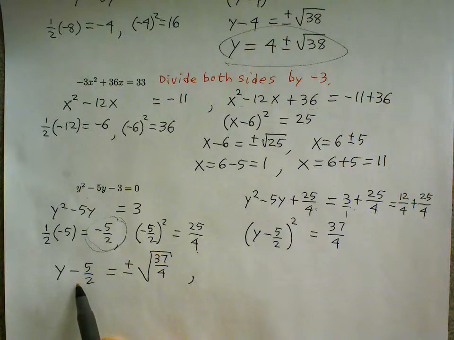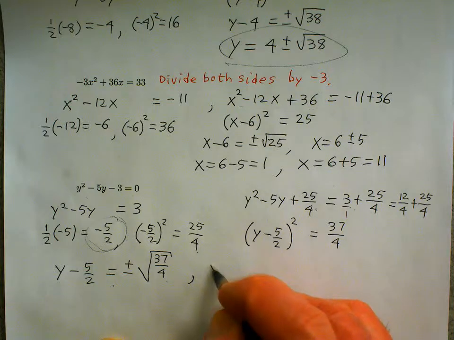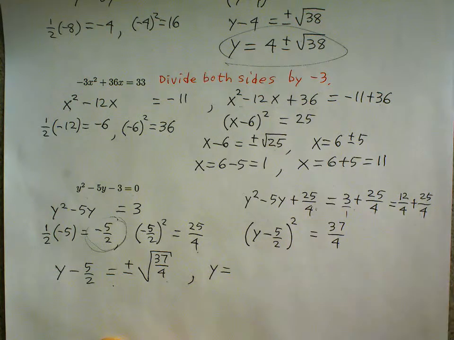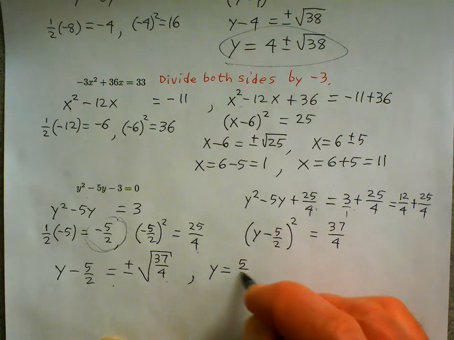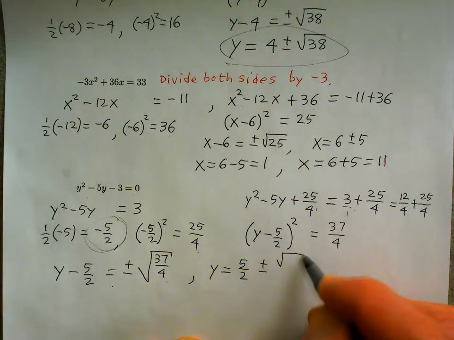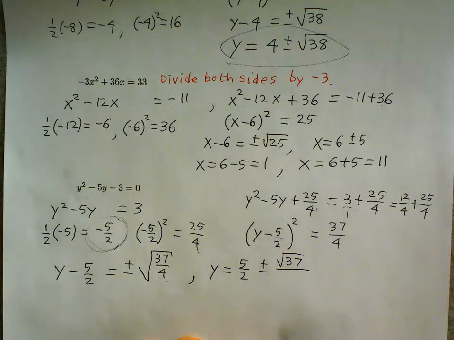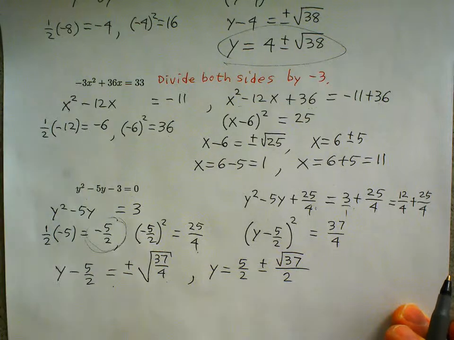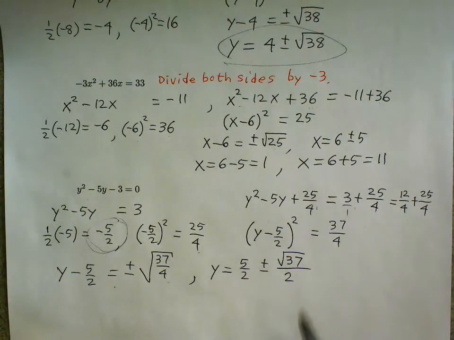We'll add 5/2 to both sides and also simplify the square root of 37/4. And we'll get y equals 5/2 plus and minus the square root of 37 over the square root of 4 in the denominator, but the square root of 4 in the denominator is 2. Okay, so those are the two solutions to that equation.